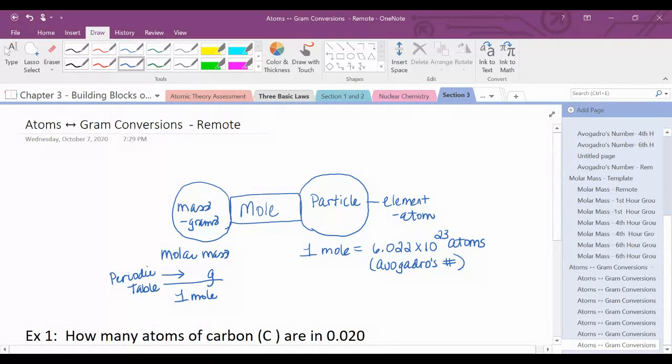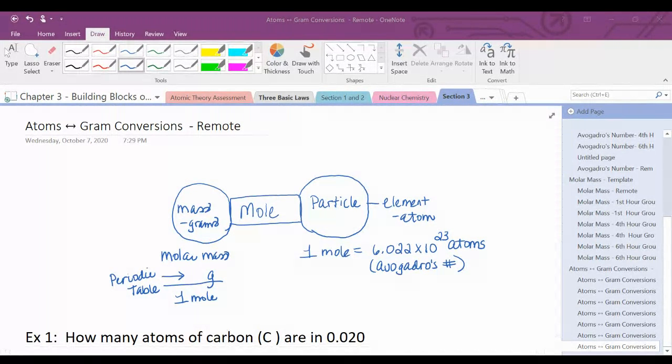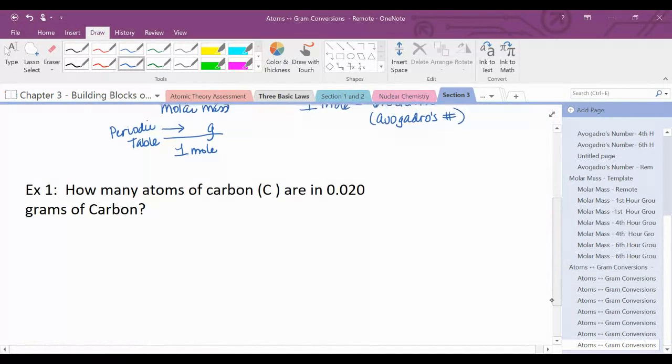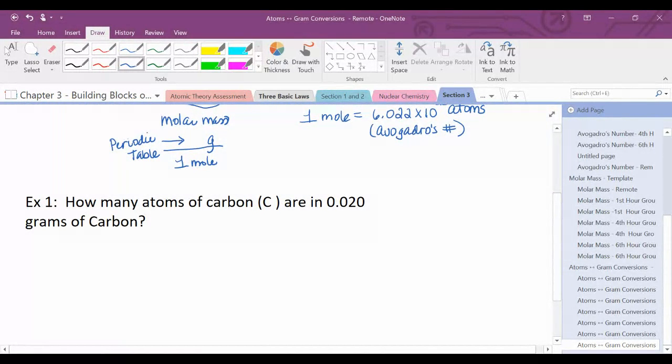All right, so that's a review of our conversion factors. Let's look at my first problem. I want to know how many atoms of carbon are in 0.020 grams of carbon.